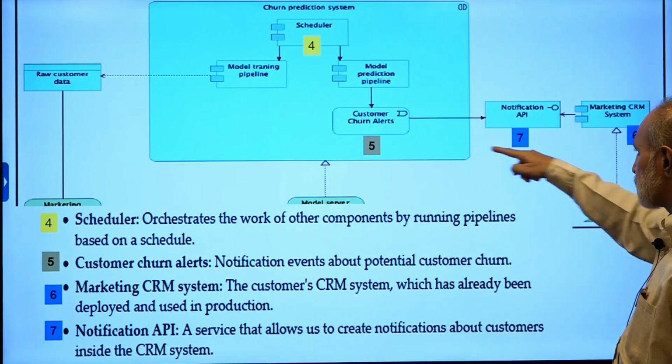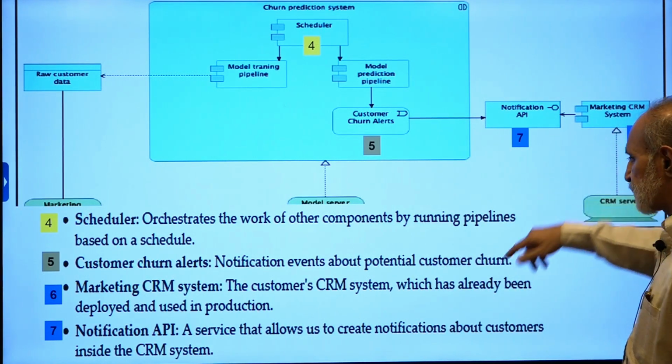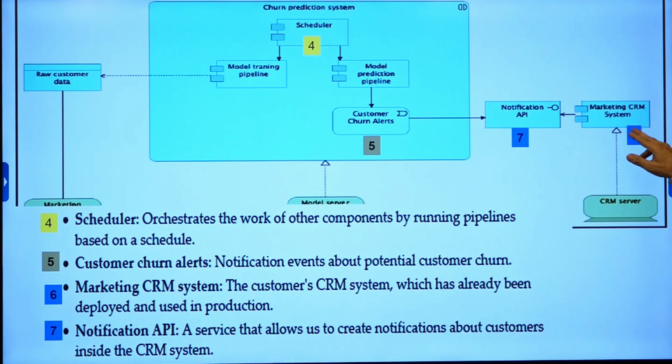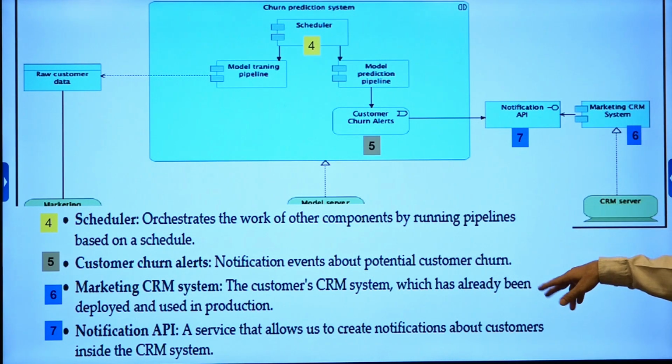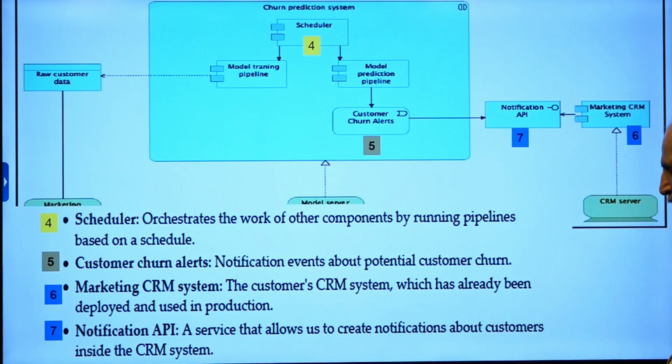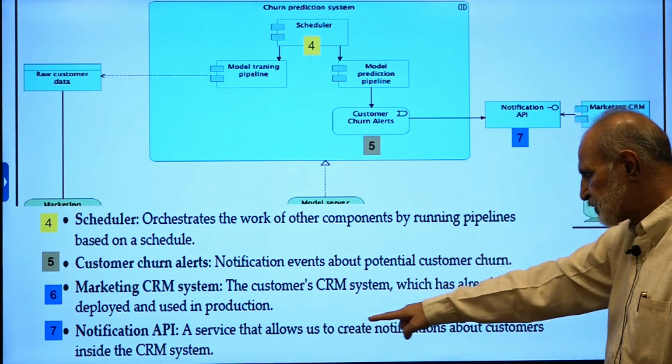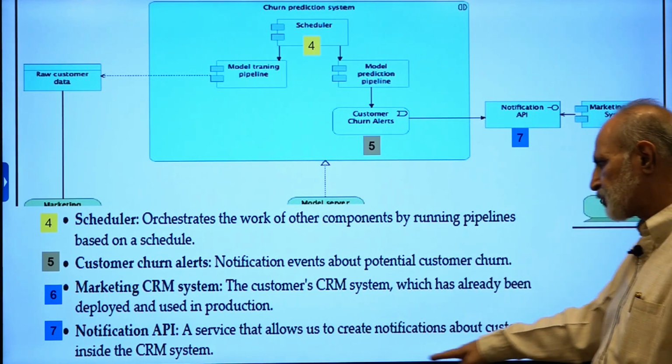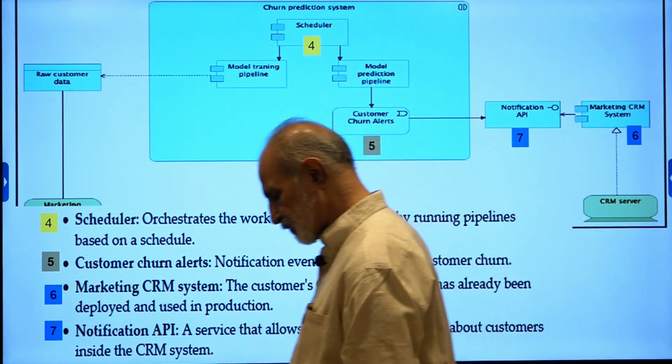Number 6 is the marketing CRM system, the customer relationship management system. This will give me customer information which is ready to be deployed on the system in production. And number 7 is the notification API server that allows the creation of notifications about the customer inside the CRM system.